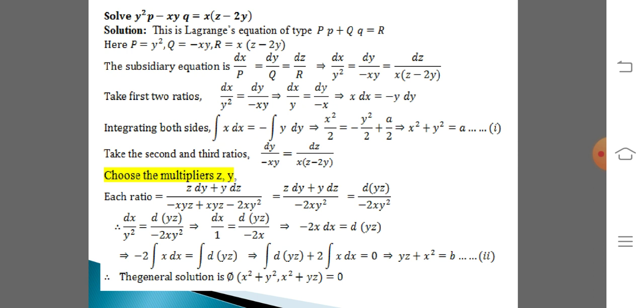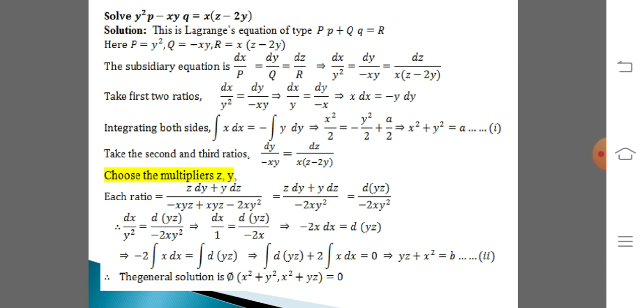You consider the last two ratios in the auxiliary equation, namely dy by minus xy equal to dz by x into z minus 2y. Choose the multipliers z and y.